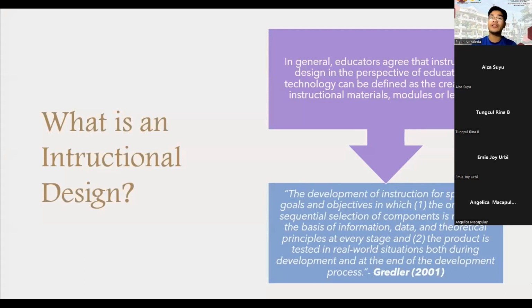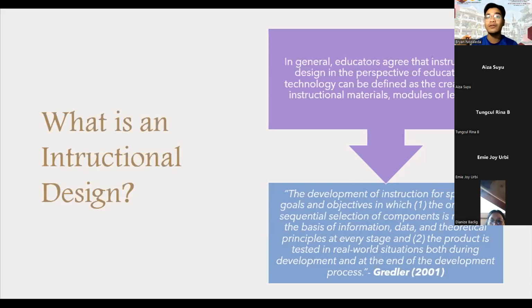According to Gredler in 2001, instructional design or ID is the development of instruction for specified goals and objectives in which the organized sequential selection of components is made on the basis of information, data, and theoretical principles at every stage, and the product is tested in real-world situations both during development and at the end of the development process.